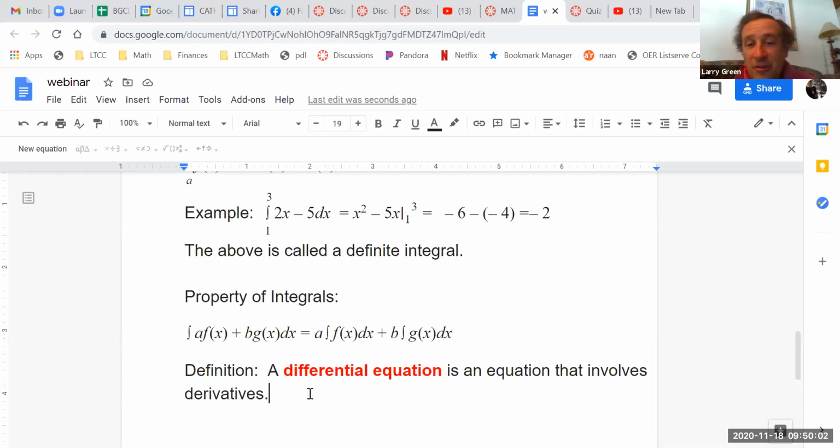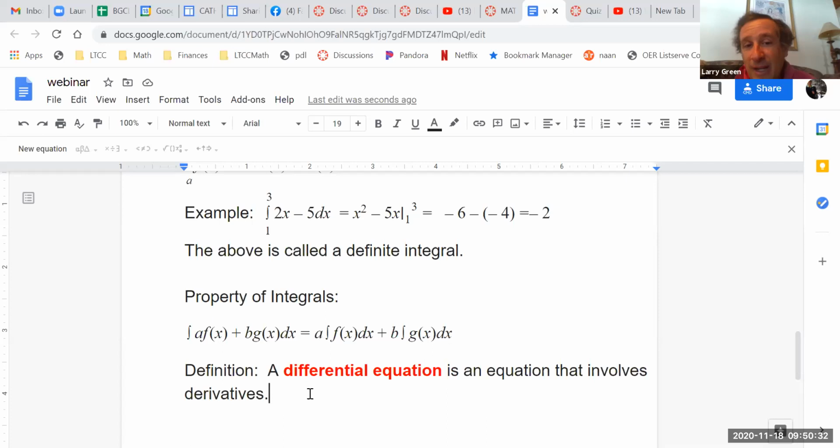Okay, where do differential equations come up? All right, maybe I'll tell you, everywhere. So for example, chemistry and physics, all over the place. Have you heard of Schrodinger's equation? That's a differential equation. Too hard for me to even write down. It's a really hard differential equation, by the way.